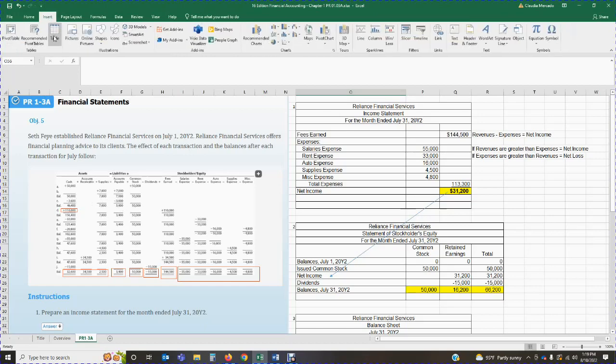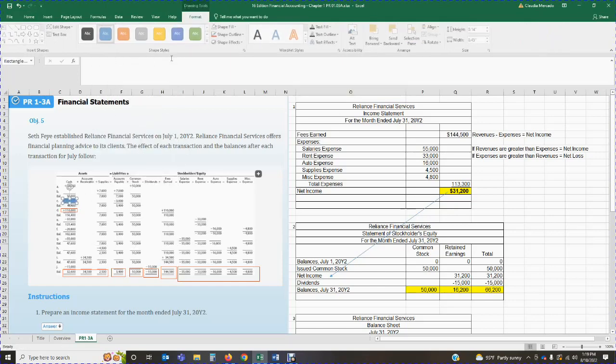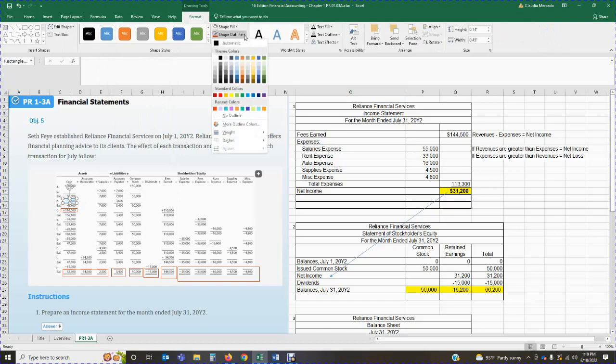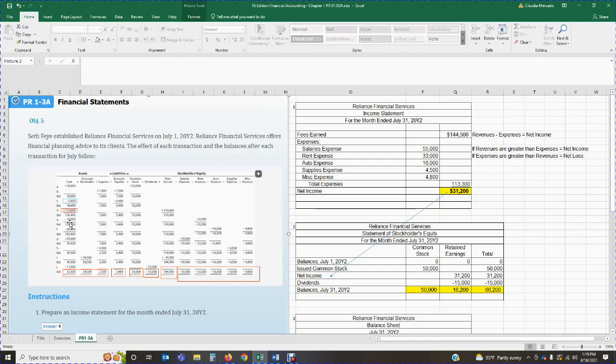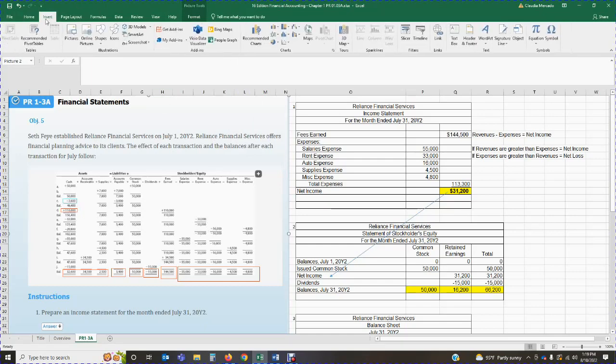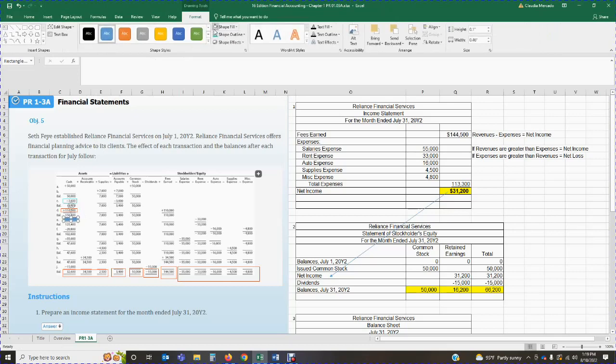So those $3,600 are going to be included. And then here we paid $33,000 for rent. That's also going to be included because that deals with the operations of our business.